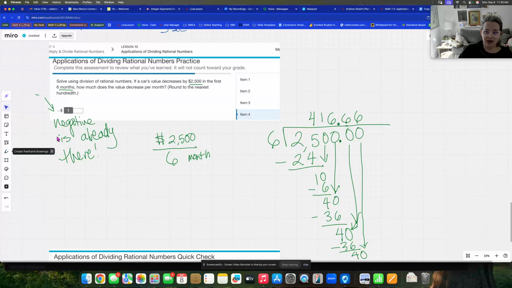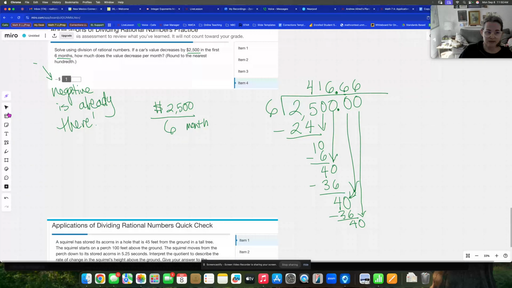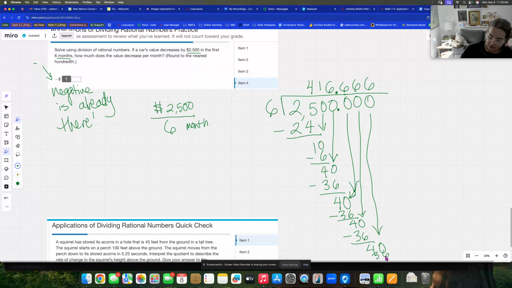So far we have $416.66. 36. Annex a 0. This 0 is going to be for rounding. Okay. All right. So I'm not going to annex another 0. I just did that so I could round.